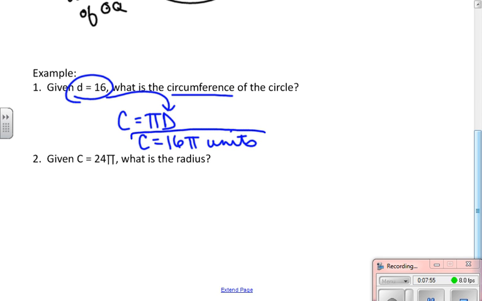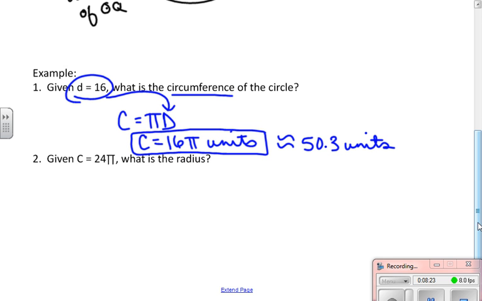That is an exact answer and perfectly appropriate. The minute you go to your calculator, we use the little wavy equals because we're going to get an estimate. And if we take 16 times using our pi key, 3.14 blah blah blah, we end up with approximately 50.3 units. So be sure to read your directions carefully if it's an exact answer or an approximate answer and what is acceptable.